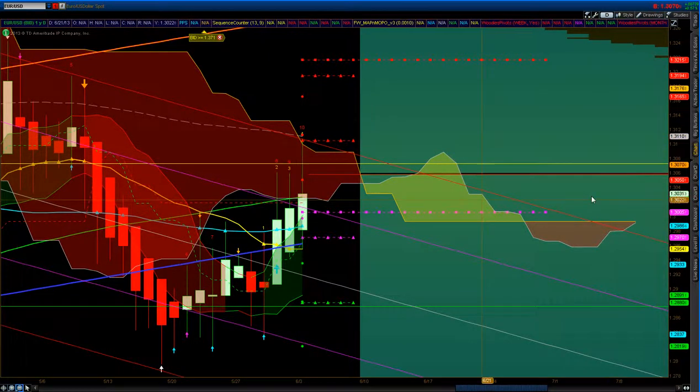The future kind of looked negative over here, but over here it looks like it wants to turn positive. It's something we've got to keep watching, but everything looks pretty bullish. You've got three Heikin-Ashi candles going up, you're above the 20, you're above the 50, so that's looking good on the daily.